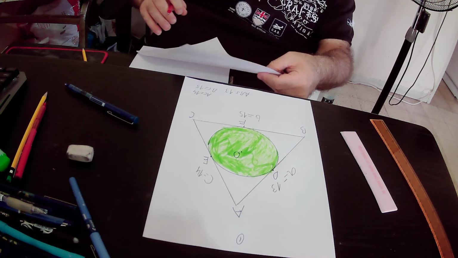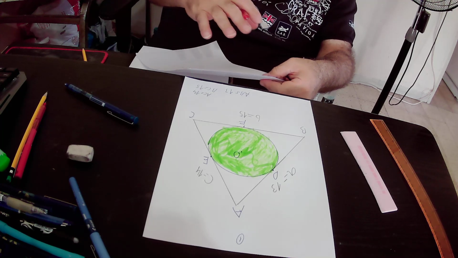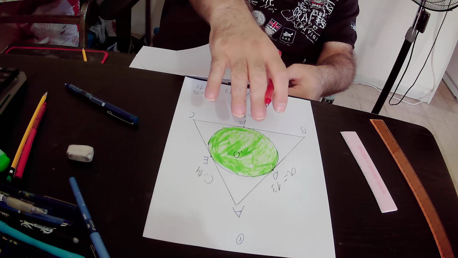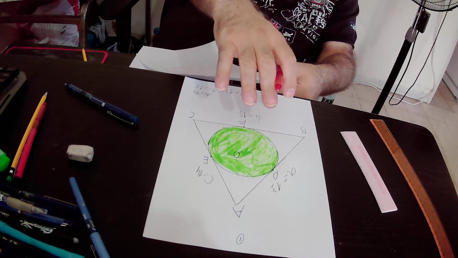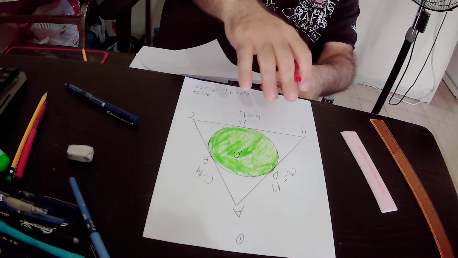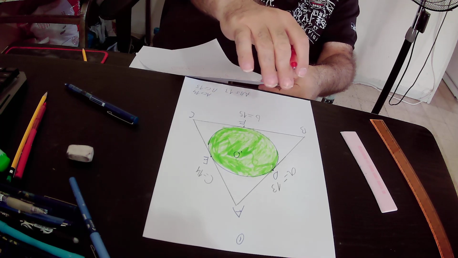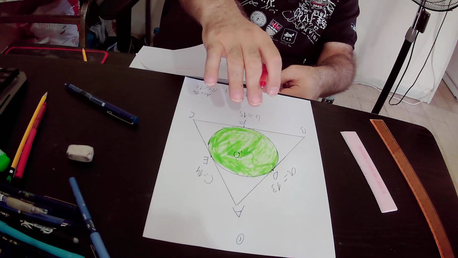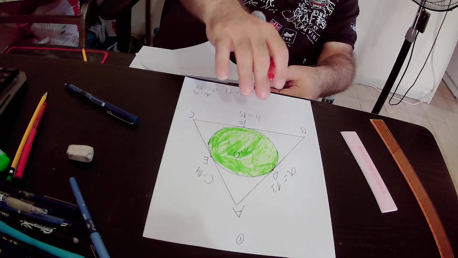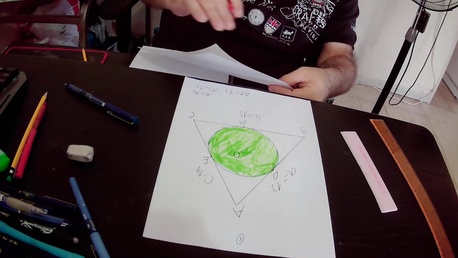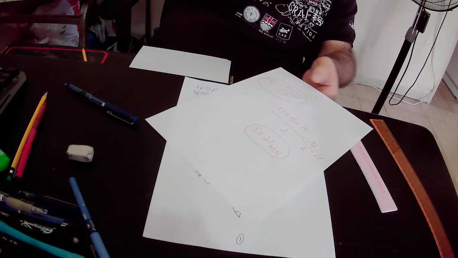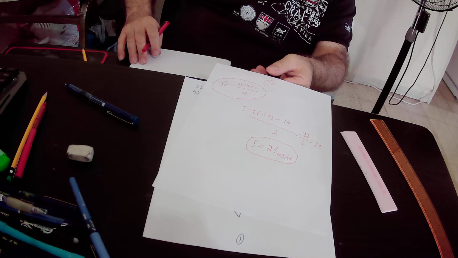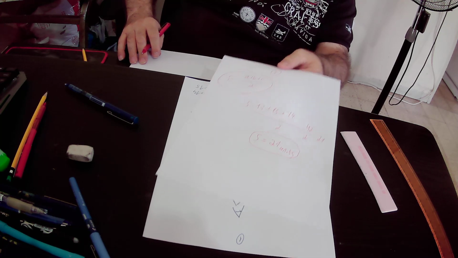Again, the semi-perimeter of any triangle is the perimeter over 2, and the perimeter is the sum of its sides, A plus B plus C.